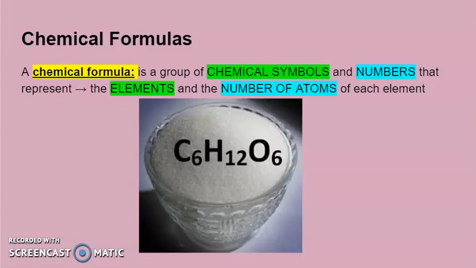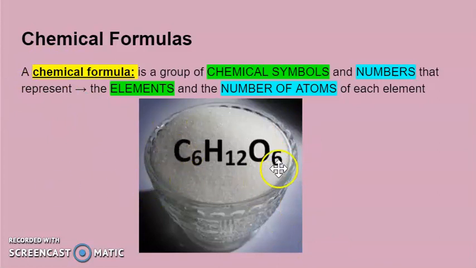Now, a chemical formula, like I had mentioned with the glucose a couple slides before, is a group of chemical symbols and numbers that represent the elements. So the chemical symbol is going to be the element. That's why they are both in green. The chemical symbol is the element. And the numbers shown in this chemical formula are going to be the number of atoms of each element.